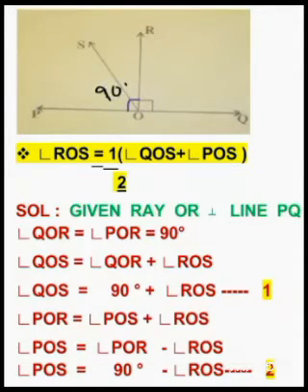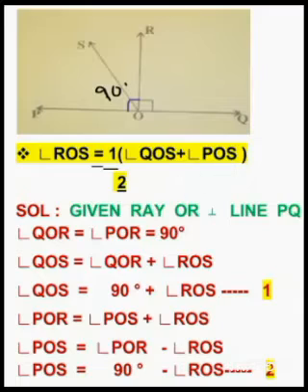Both angles will be equal to 90 degrees. See the condition, children, what they have given: angle ROS is equal to half of angle QOS minus angle POS. This we have to prove.